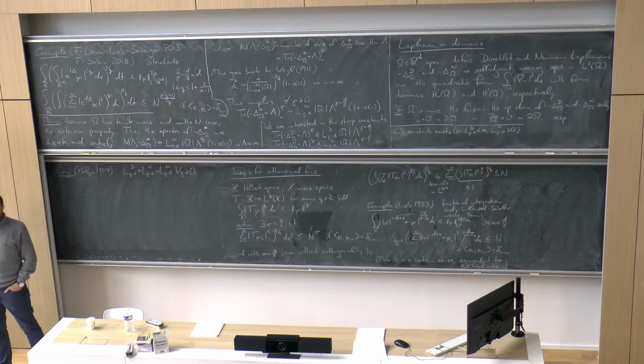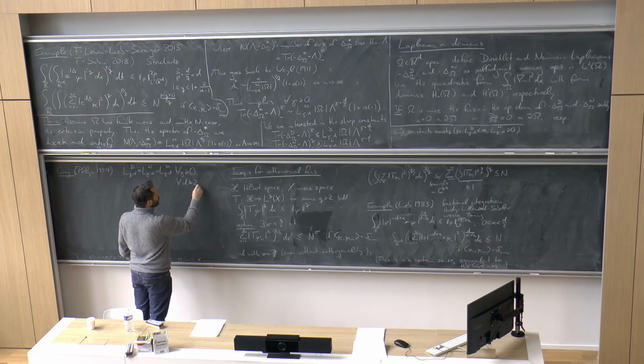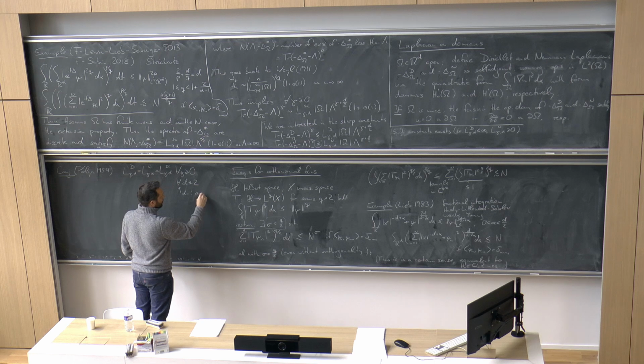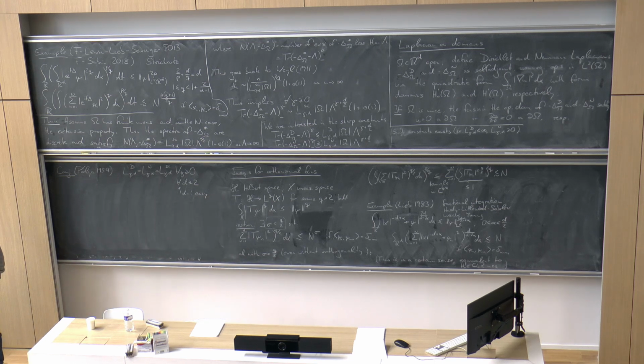For Lieb-Thirring, we think that the semi-classical constant should only set in when gamma is large enough, but Pólya suggested that this is true in this setting of the domains for any positive gamma. And so for every d greater than or equal to 2, and here I can remark d equal to 1 is easy, because you can reduce yourself easily to the case of an interval, and for an interval you know the eigenvalues, and then you can find that it's true. Okay, so that is Pólya's conjecture.